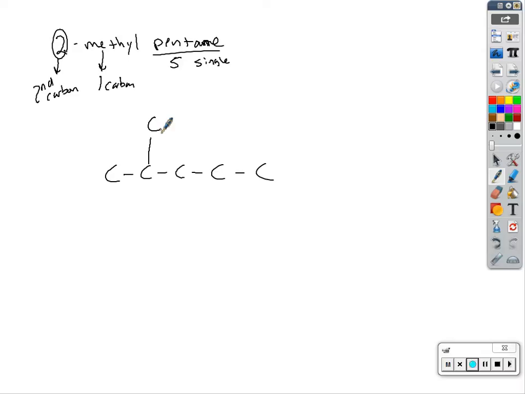And then again, go back in and add your hydrogens. 1 bond there needs 3 more. 3 bonds here needs 1 more. 2 bonds here needs 2 more. 2 bonds here needs 2 more. 1 bond here needs 3 more. Don't forget your branch. 1 carbon here. 1 bond, needs 3 more hydrogens.